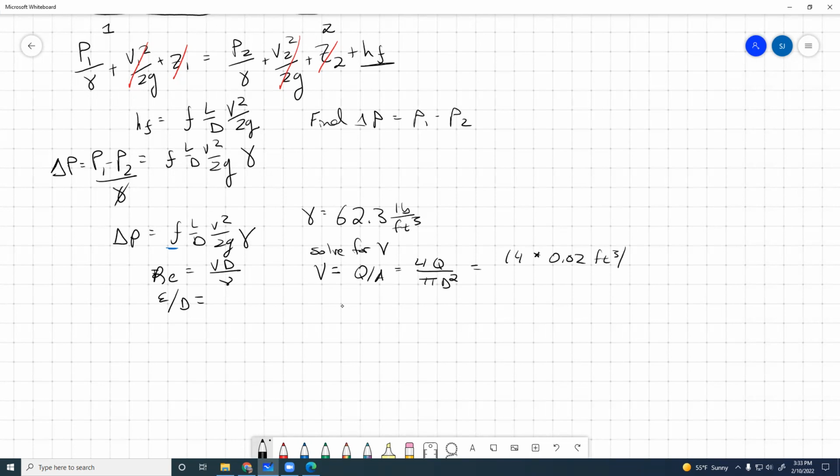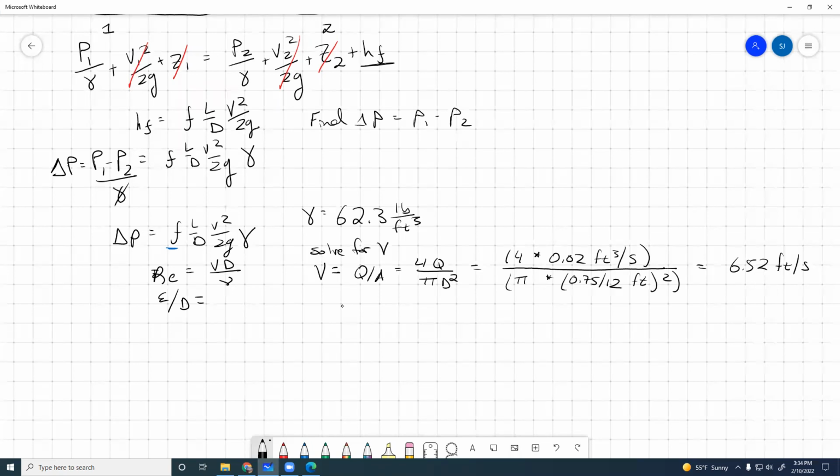So 4 times 0.02 cubic feet per second, all over pi times 0.75 over 12 feet, squared. So just converting that inch to feet and then squaring that, and we end up with velocity is 6.52 feet per second.